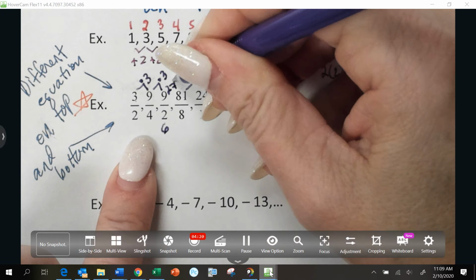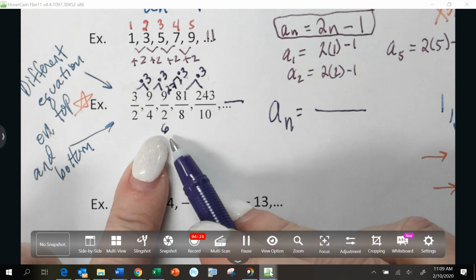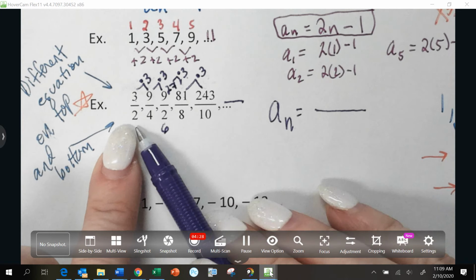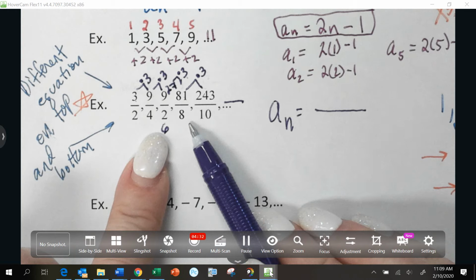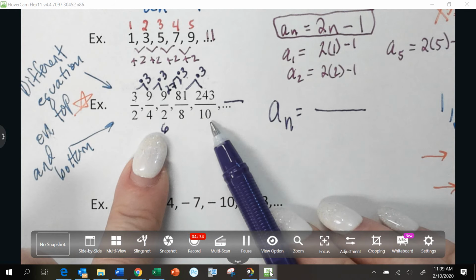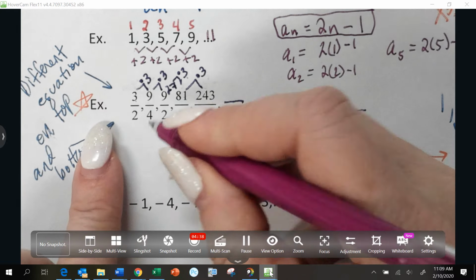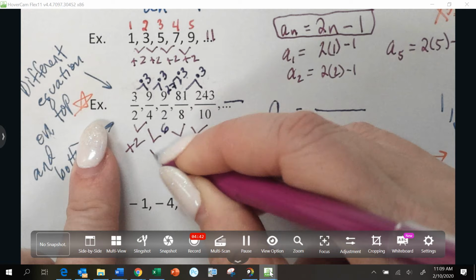For this pattern on top to be true, that bottom number would have to be a 6. So now let's look at the bottom formula. 2, 4, 6, 8, 10. Does that seem like a pattern? What are we doing on the bottom each time? Adding 2.